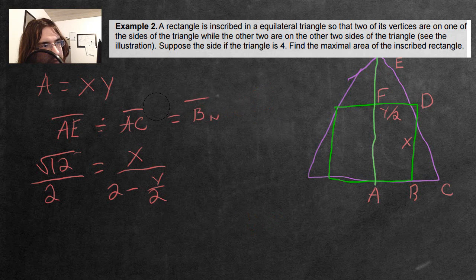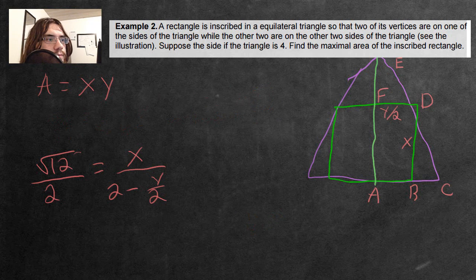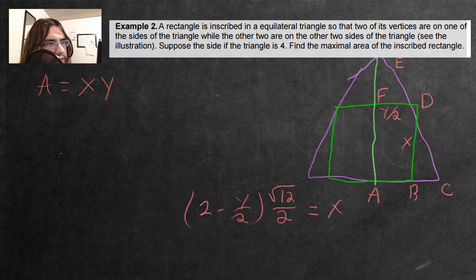Let me erase this because it's no longer necessary. Well, if I multiply both sides by this term right there, I would get something like this: 2 subtract y divided by 2, multiplied by square root 12 over 2, equal to x. Notice that this 2 here and this 2 here would cancel out if I multiplied this term to there.